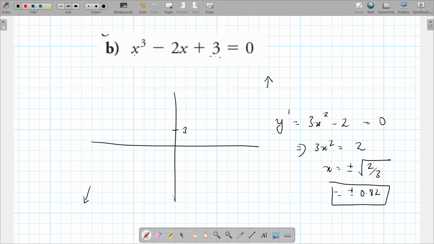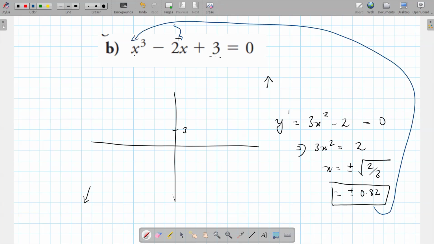What you can do is put this point back in here as x to find the y values of the turning points. So we know there's a turning point at negative 0.82, and we know there's a turning point at positive 0.82. So I'm plugging the values in there: the answer cubed minus 2 times the answer plus 3.